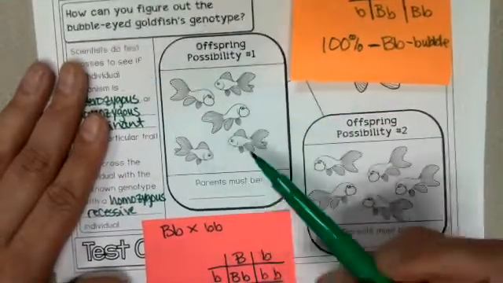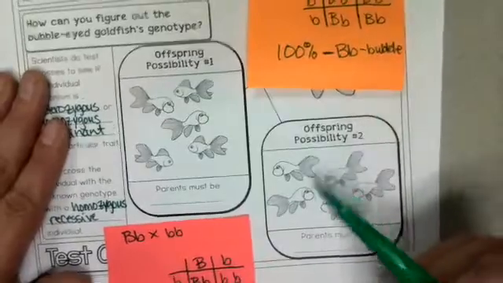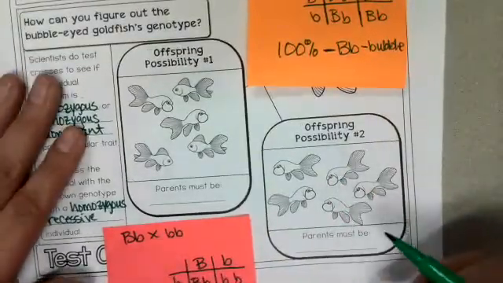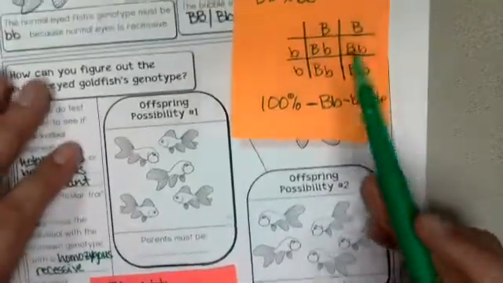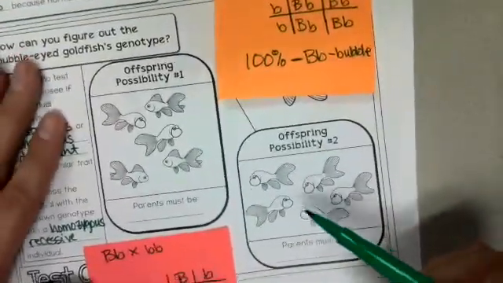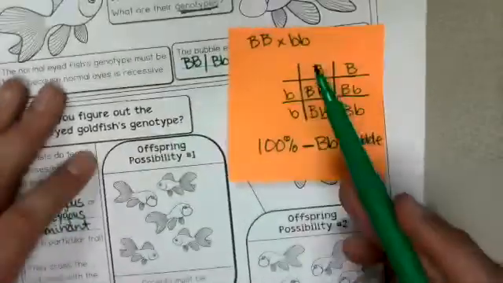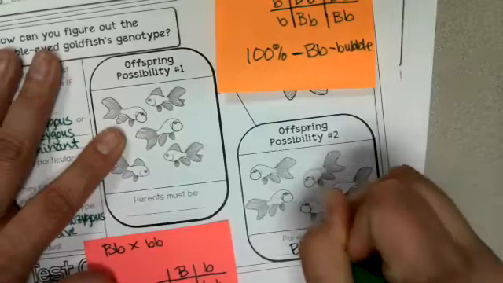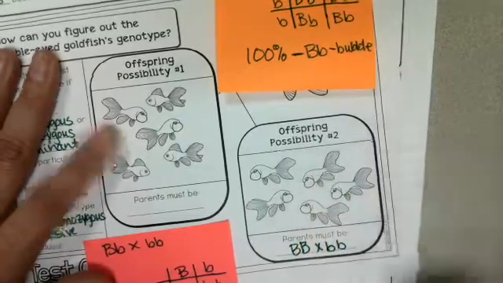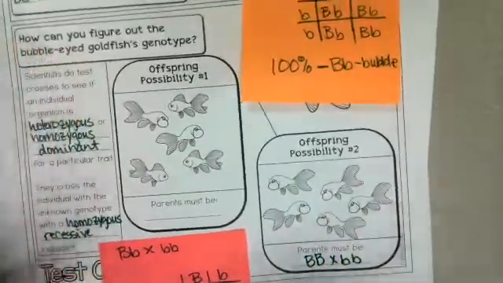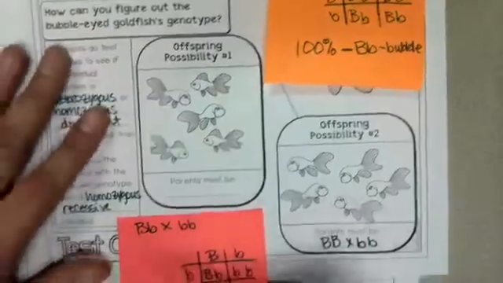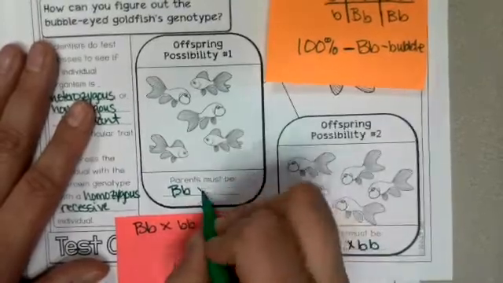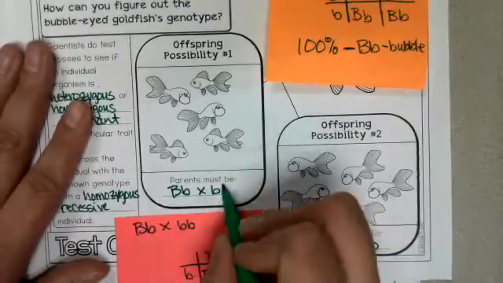But because it is impossible to see any normal eyed babies with possibility number 2, which only has bubble eye babies, we know that this pairing is most likely possibility number 1, so that homozygous dominant crossed with that homozygous recessive parent, okay? Which means that this could only be this pairing, or the heterozygous paired with the homozygous recessive.